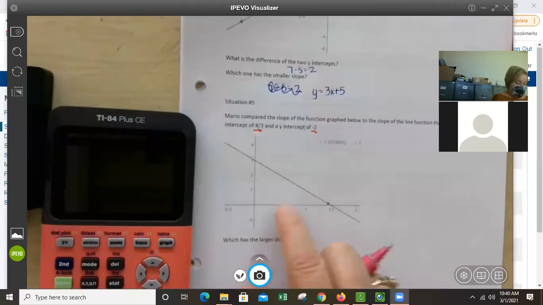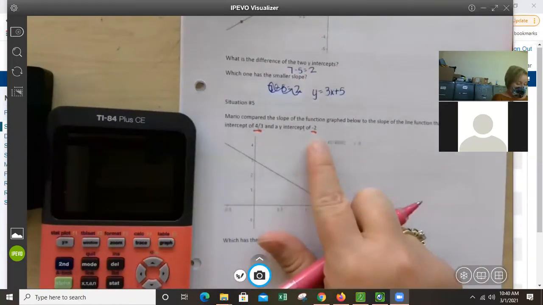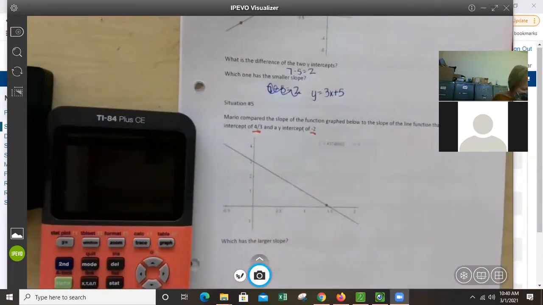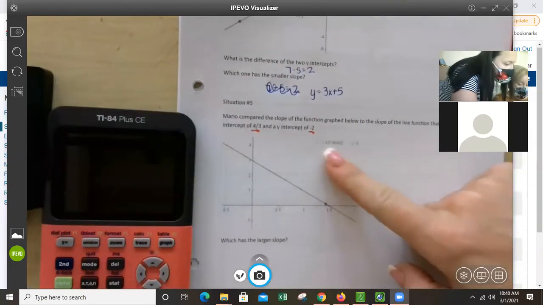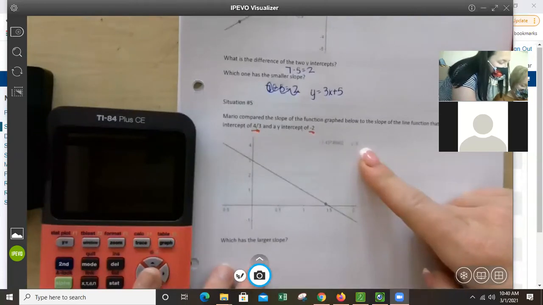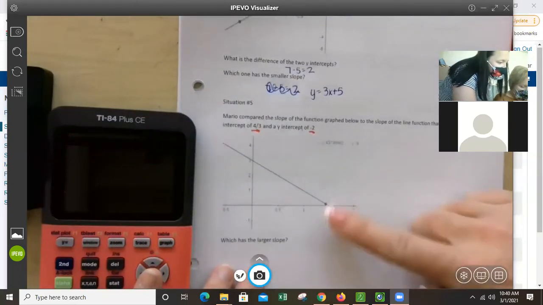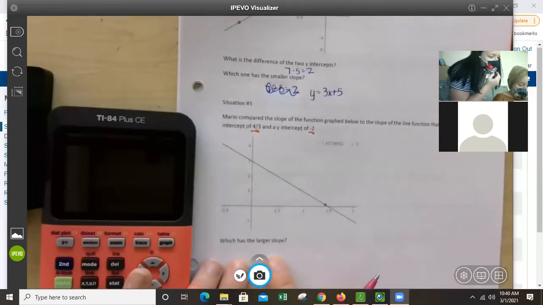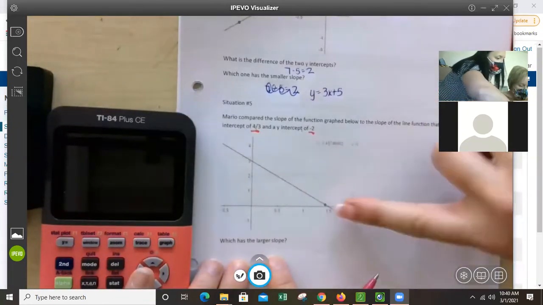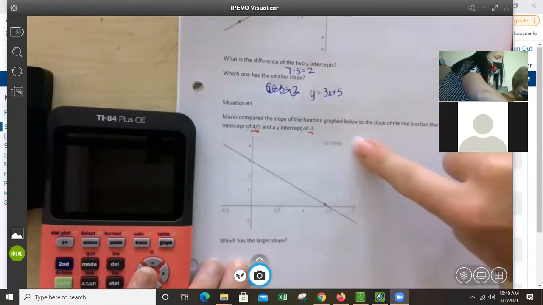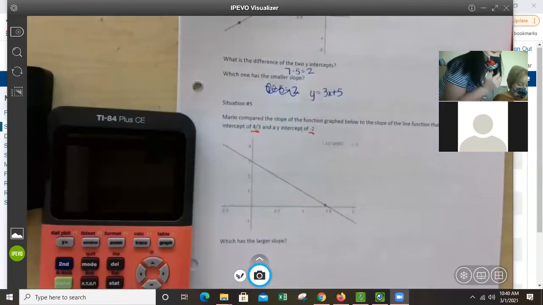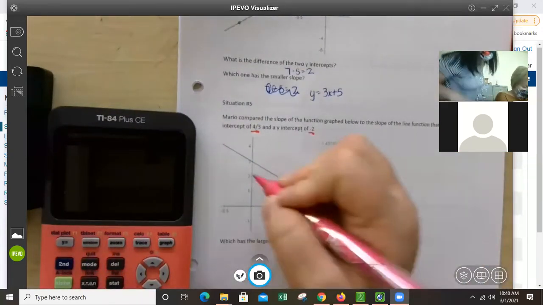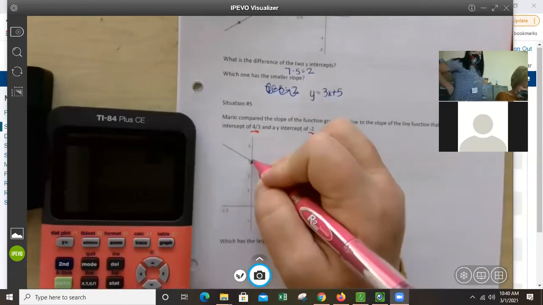We can find the points, but then how do you find it? It's got the equation right there for you. This is your x and your y, so your y-intercept. It's telling you that point. We're trying to find the larger slope. Here's your 3, and this coordinate is what they're giving you. It's 1.44.